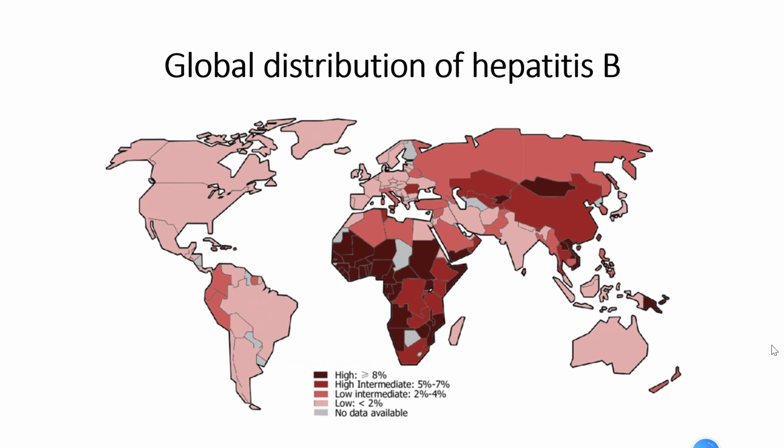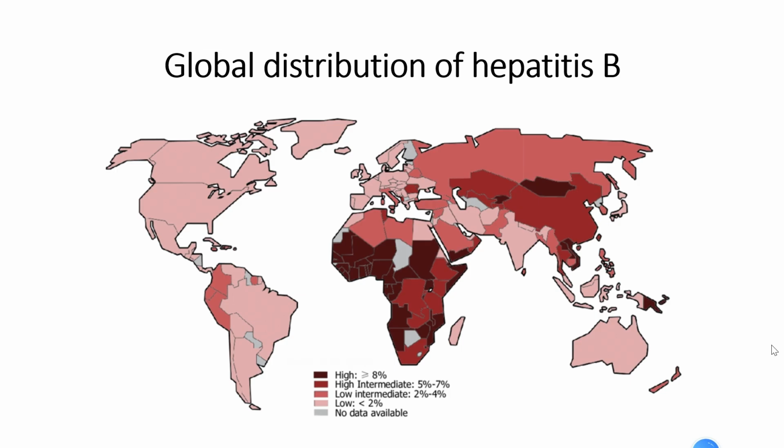HBV is very infectious. The virus is relatively stable. And related to you guys, who will be clinical workers, like a doctor or working in the hospital, you would have a higher risk of exposure. No matter whether you are a BDS student or MBBS student, you will have a higher chance of infection.